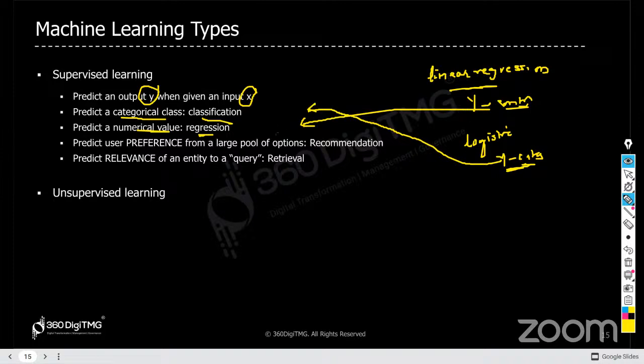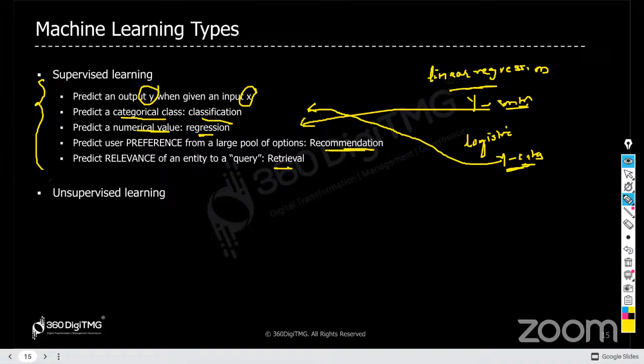And coming to the next one, you also have a lot of different things. If you are searching for a movie from a large pool of movies, then that is called recommendation. And then we also have the next one, that is retrieval. When you predict the relevance of an entity to the query, that is called retrieval. This comes under supervised learning, which has an input variable as well as an output variable.